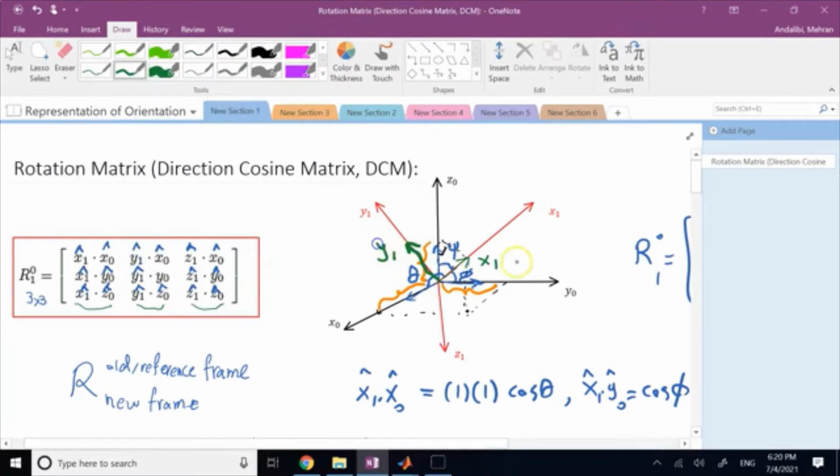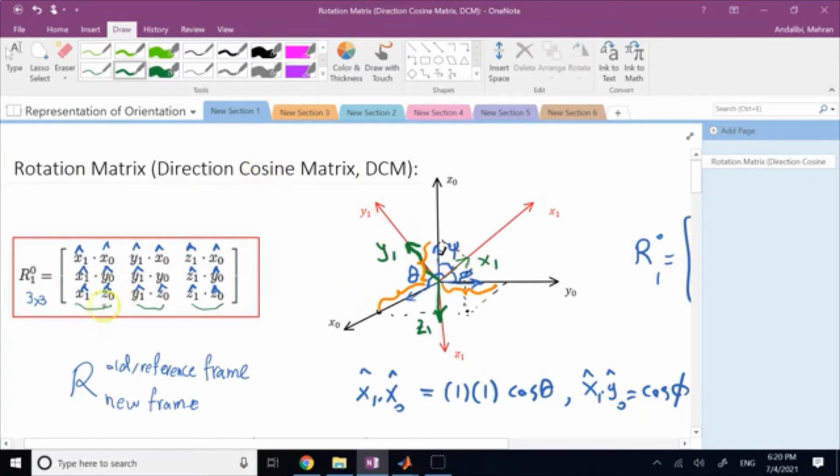You project that along the 3 unit vectors, and then next time you project this one, which is z1, along the 3 original unit vectors, correct? So what you will have is going to be cosines. All of them are cosines, and they are cosines of 9 different angles, right? That's why we call it direction cosine, because each one of them is the direction cosines for one of these vectors, x1 or y1 or z1.